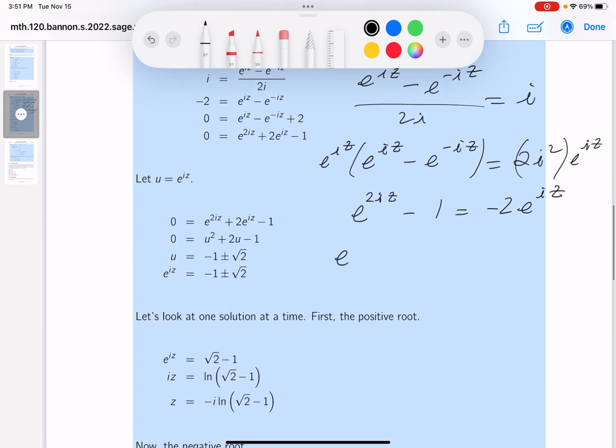I guess I get e to the 2iz plus 2e to the iz, not plus, minus, sorry about that, minus 1 equals 0. And I'm going to make a substitution because it looks quadratic in form. The substitution is u equals e to the iz. So you would get u squared plus 2u minus 1 equals 0.